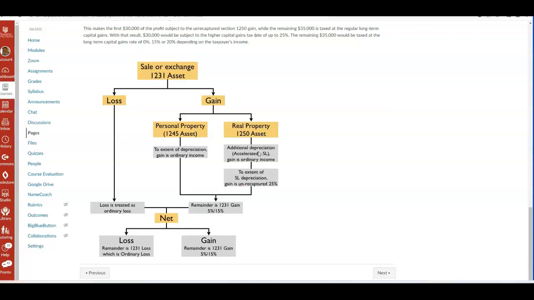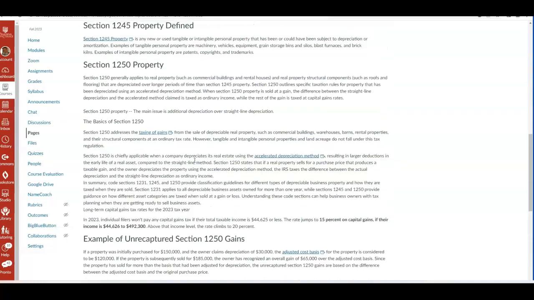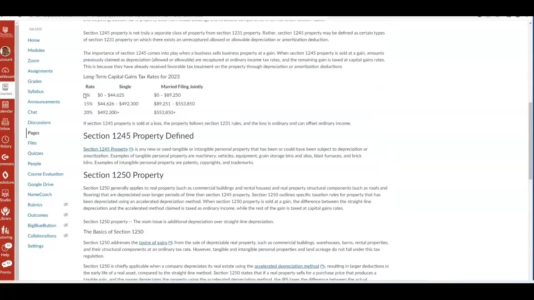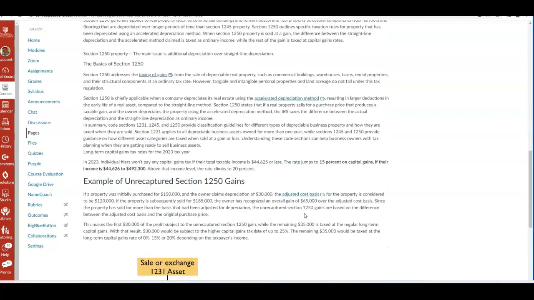If that gain is above and separate from depreciation, from additional depreciation, it is additional gain, we call it capital gain, and that capital gain will be taxed based on that 0 or 15 or 20. The $35,000 gain is capital gain based on this area. Okay?